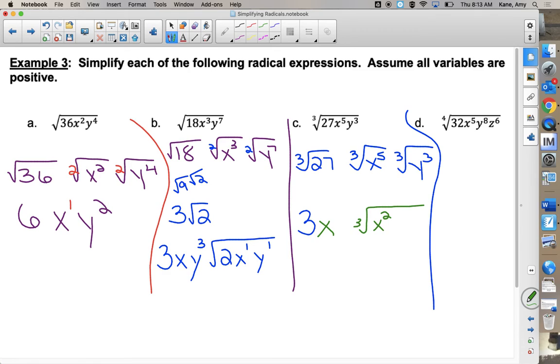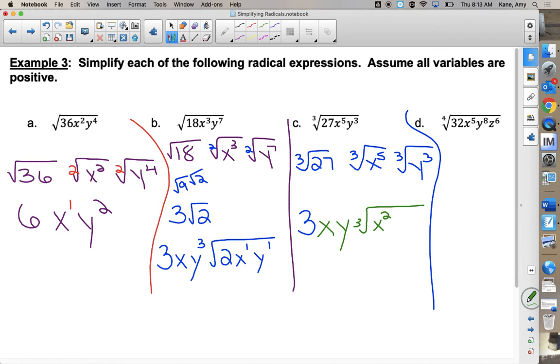My remainder goes underneath. Ava, the next one is just the cube root of y cubed. 3 goes into 3 once. So I'm pulling out a y. And that's it. There's nothing left inside because the y divided evenly. So if it divides evenly, you shouldn't have a remainder because there's nothing left.